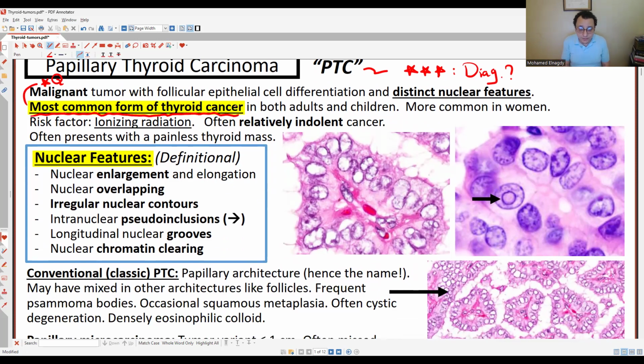It's highly related to ionizing radiation, and it usually presents as an euthyroid painless mass, usually solitary, in a woman. So it's more common in females.